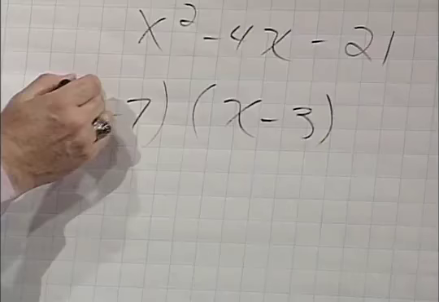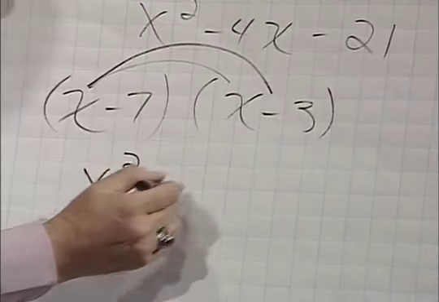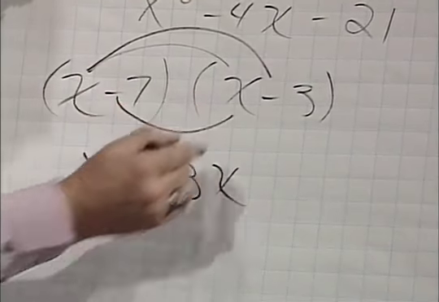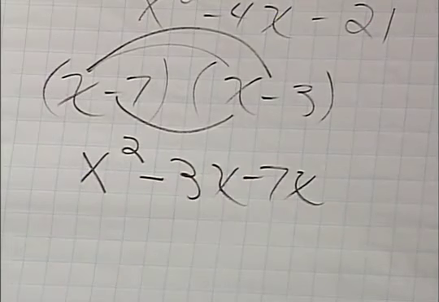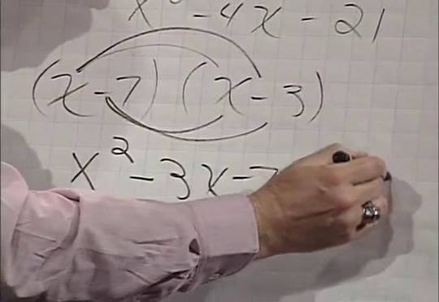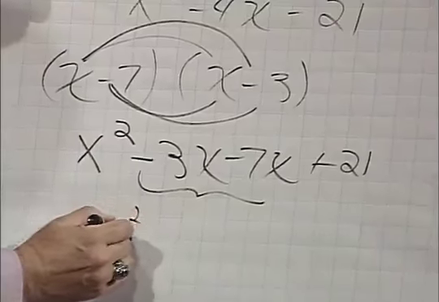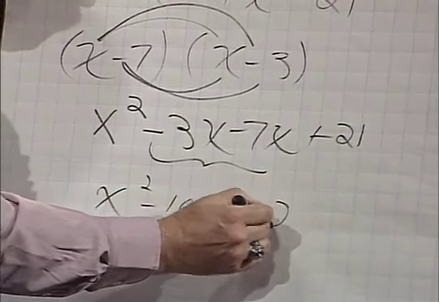Let's go ahead and do it. x times x, x squared. x times negative 3, negative 3x. Negative 7 times x is negative 7x. Negative 7 times negative 3 is positive 21. Combining the like terms, I get x squared minus 10x plus 21.